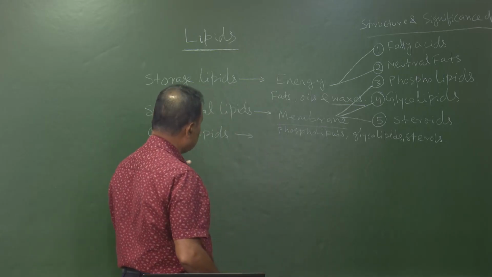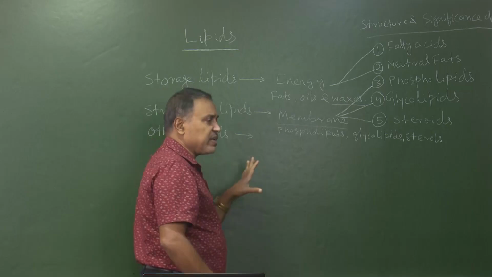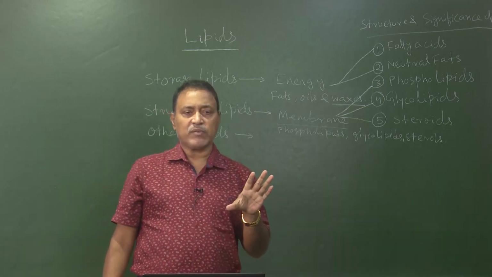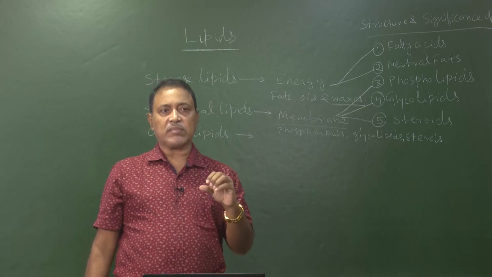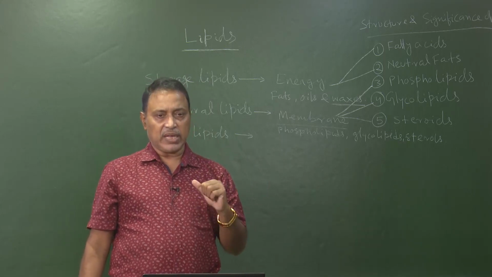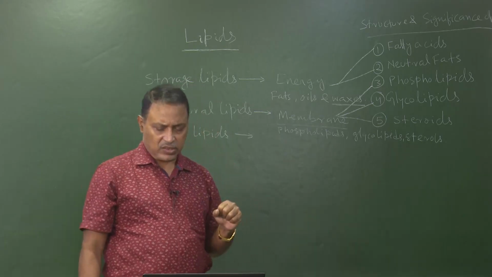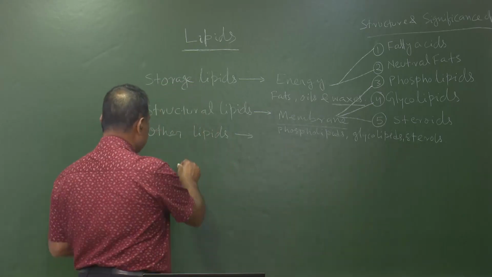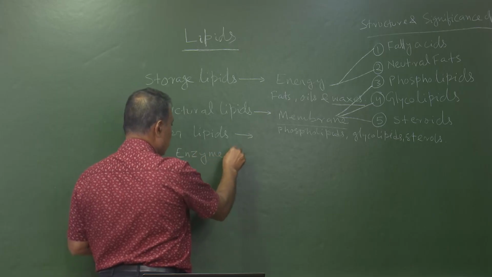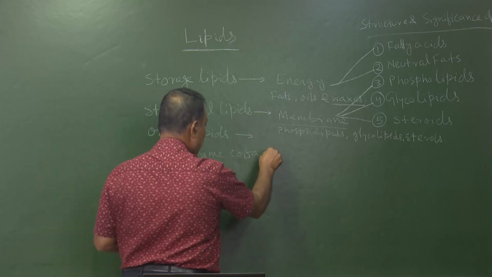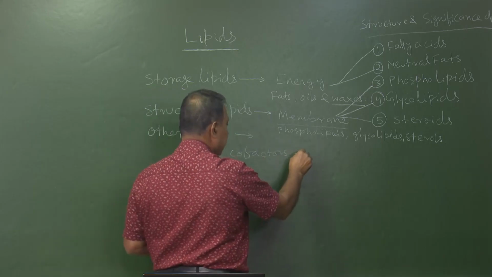Then under other lipids, we find a very highly diversified group, and they mostly perform some action in our body. They help in metabolism. They can be enzyme cofactors, like lipoate.